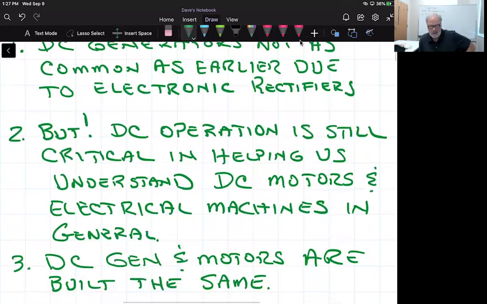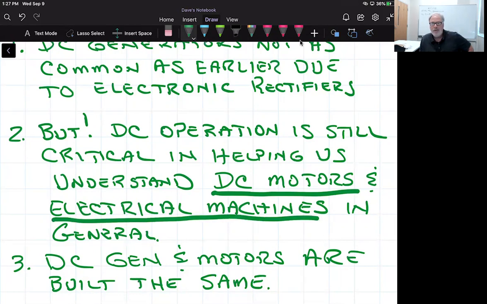But as I say here in number 2, DC operation is still critical, and it's the best place to start to try to understand DC motors and electrical machines in general. It's just the best place to jump in as we begin this sort of journey into understanding and applying these electrical machines.